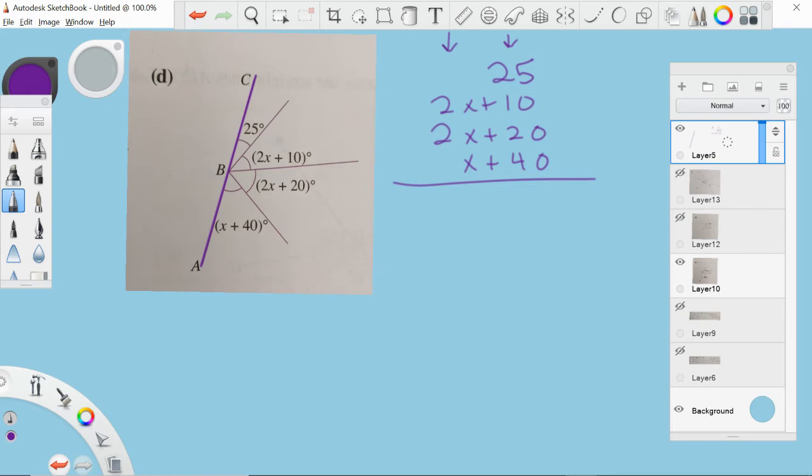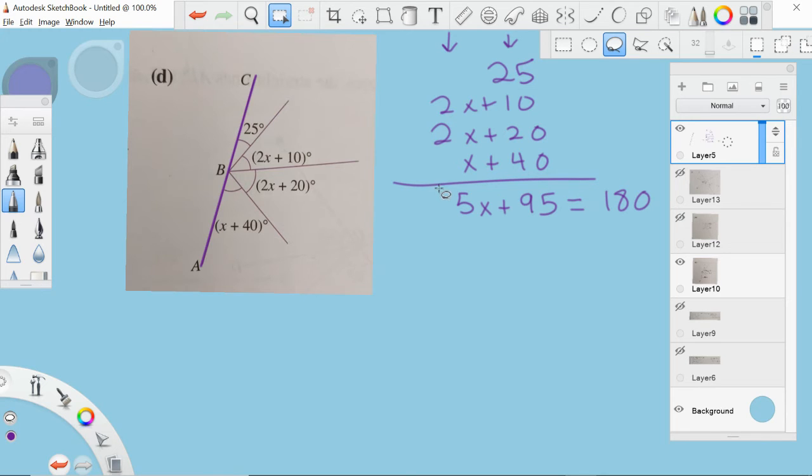I'm just going to add this whole thing together. 25 plus 10 plus 20 plus 40: that's 70 plus 25, which gives me 95. 2x plus x is 5x. So when I add all four of those angles together, I get 5x plus 95, and this has to be equal to 180. This is really the equation that I'm wanting to solve here.